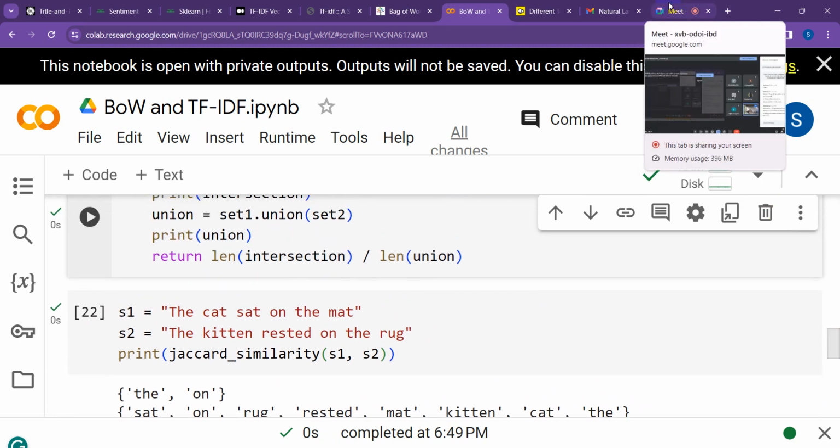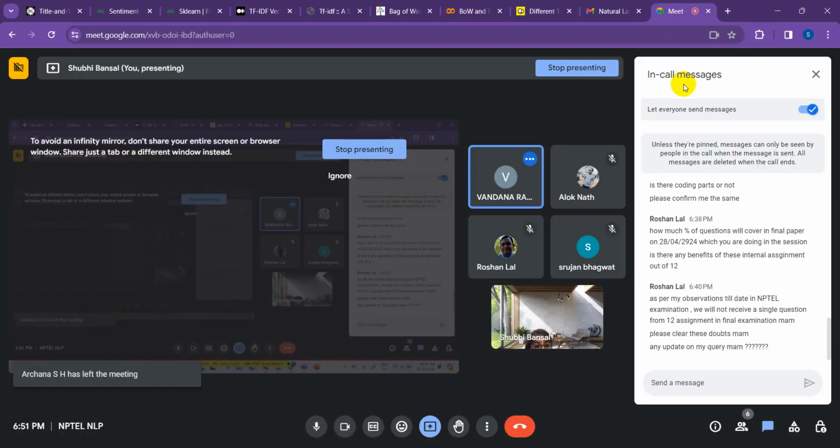Yeah, ma'am. But such ambiguities occur in the assignments. I think the question was on the parse tree, the at least one probability and the most probable. I don't remember, assignment number 6, I think.